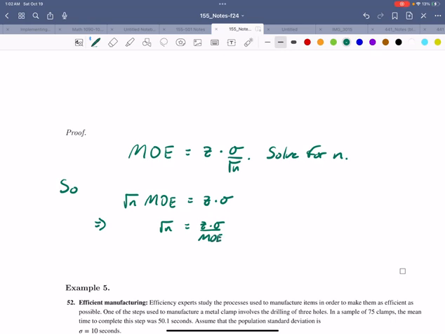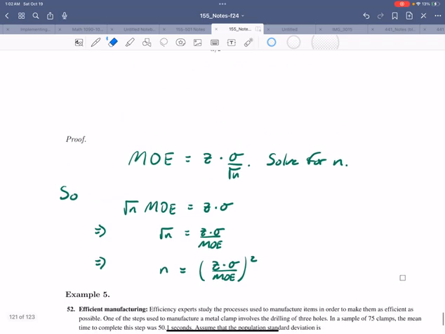But I don't want to solve for the square root of n. I want to solve for n. So I'm going to square both sides. So I get that n equals all of this stuff squared. And really, what we need is we want n to be greater than or equal to this, because we need the margin of error to be at least that.